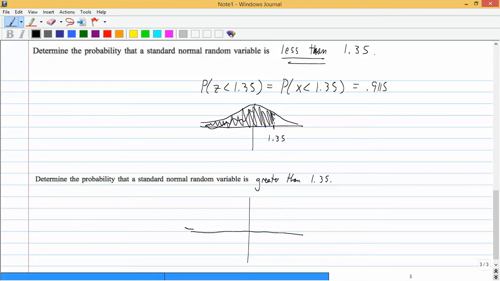That's not a normal curve. Okay, let's pretend that's a normal curve. Then I have a z-score or an x value in this problem, 1.35. If I want to know greater than, that is the area to the right. So how could I figure out the area to the right by using the area to the left?